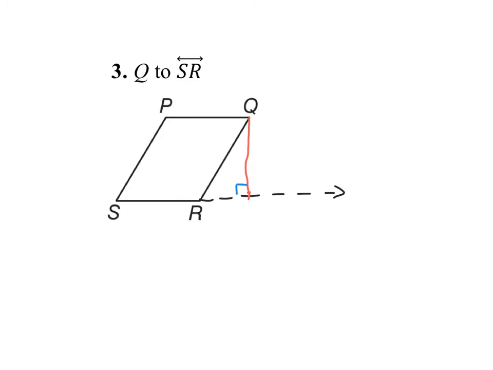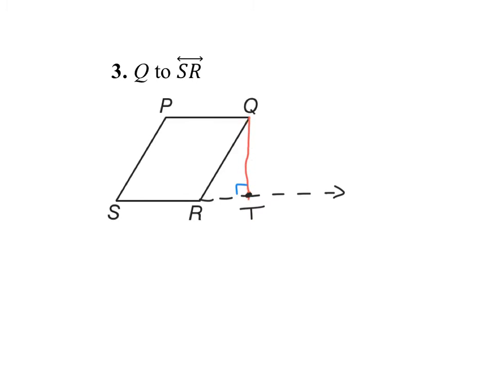And we can go ahead and maybe plot a point here, and we'll call that, say, point T. And so that would be the distance from Q to point T, or from Q to line SR, and it intersects at point T. Okay, so it's a little bit weird, but we'll get into this when we start finding areas of these figures and stuff like that, and we'll need to know this distance.